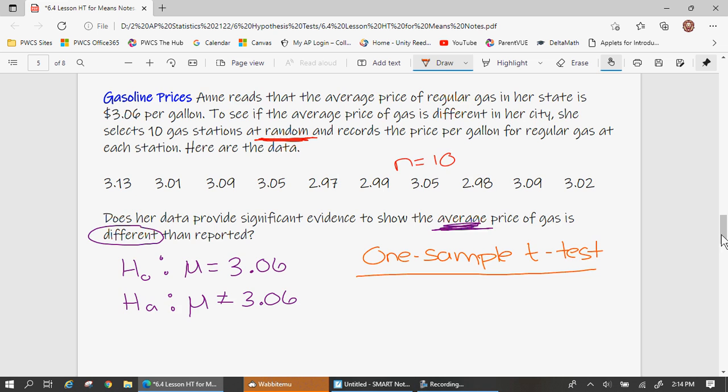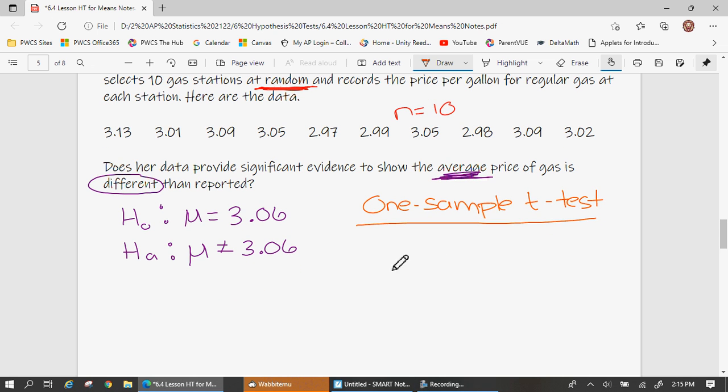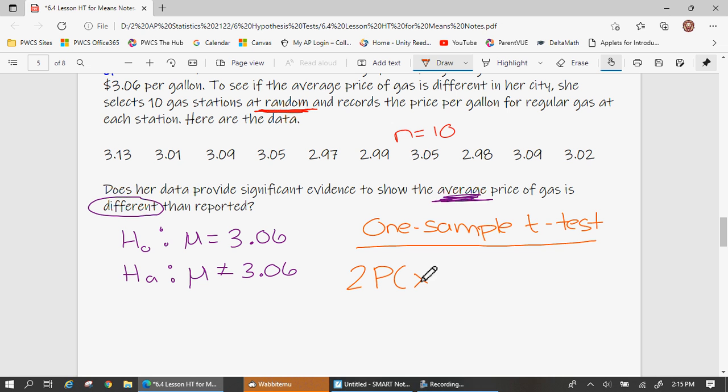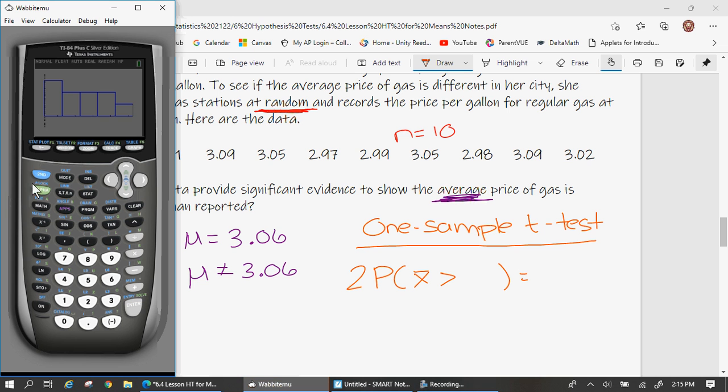So let's go ahead and calculate a p-value. We could also say this is a two-sided test, so we're doing 2 times the probability that our sample mean is greater than, and then of course we'll get a sample mean when we do this calculation. So I'm going to do that. Stat, tests, t-test.